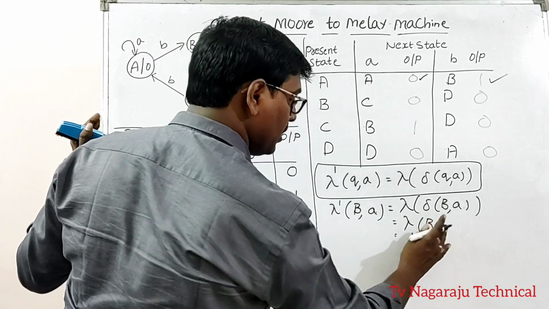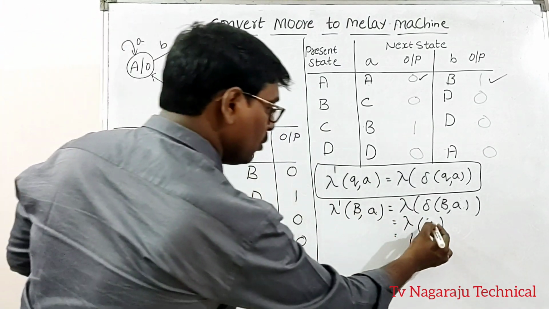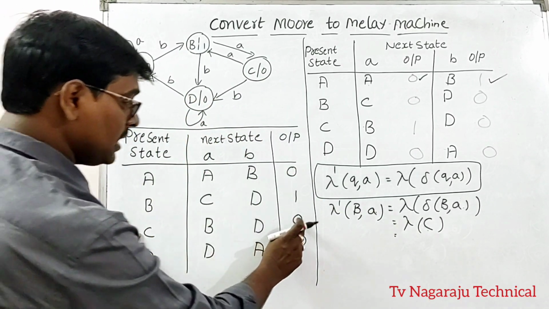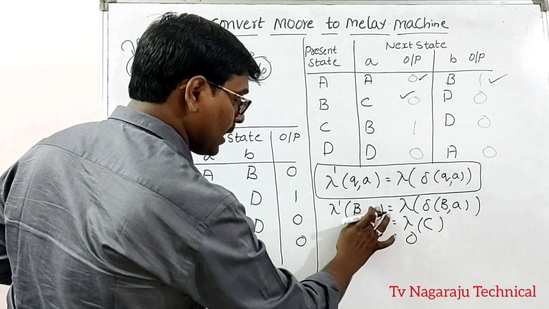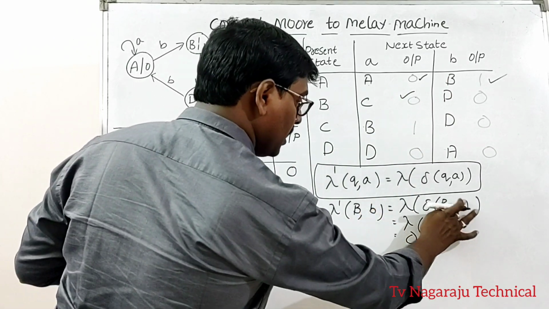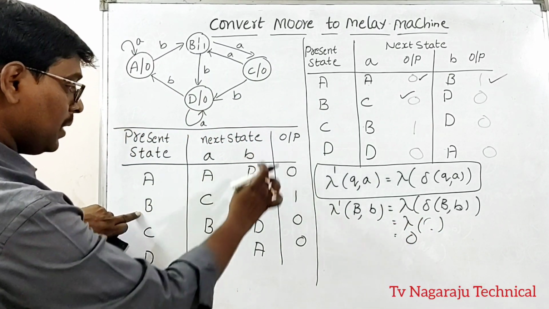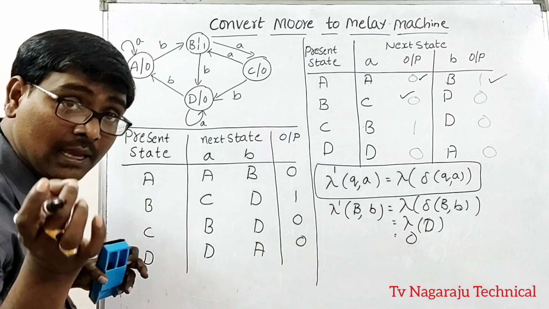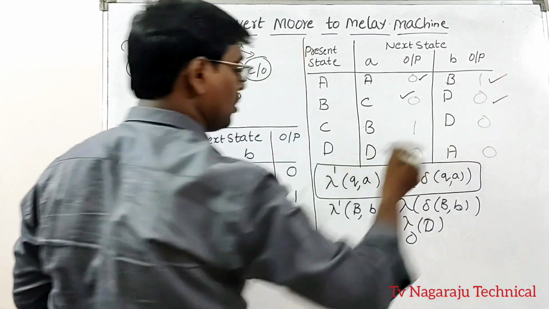So B on small a moves to state C. The output for state C is 0. Now here 0. Now capital B on small b moves to state D. Lambda of D means the output of D is 0.